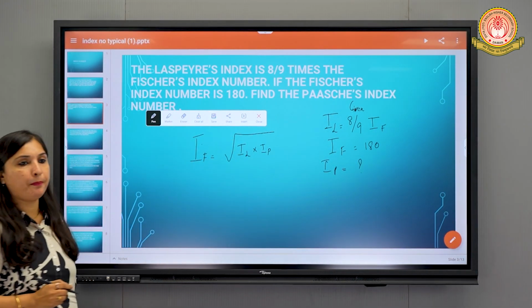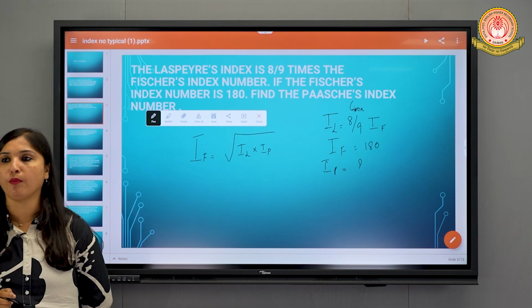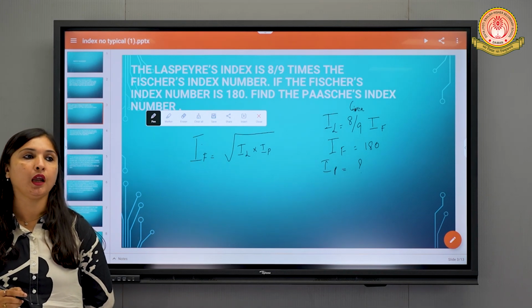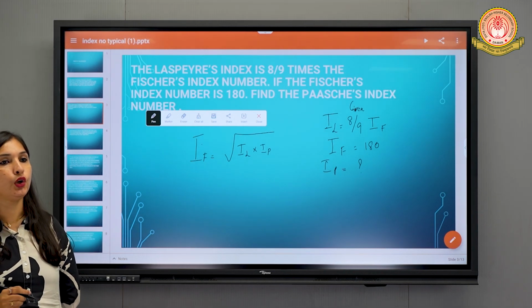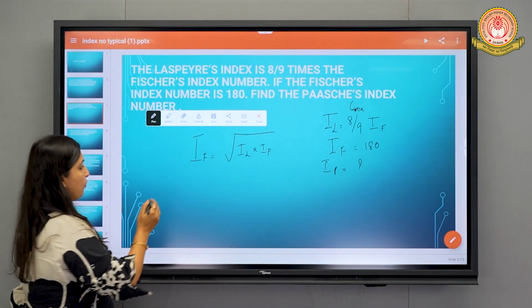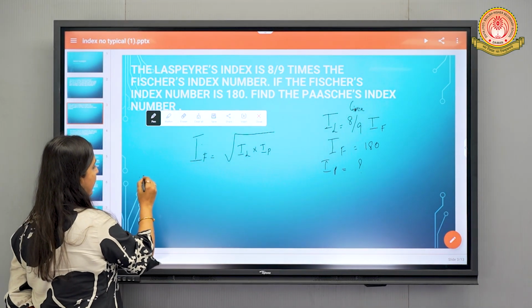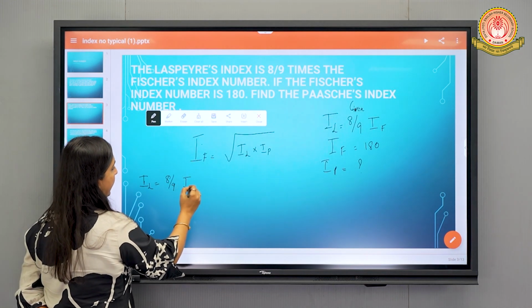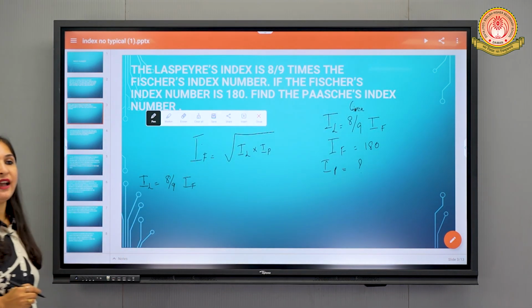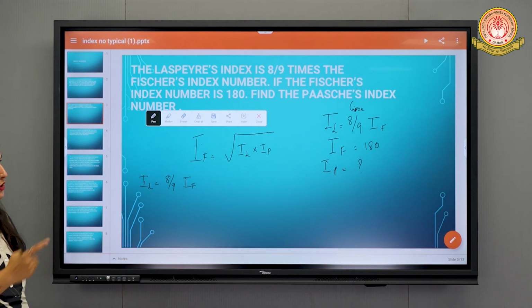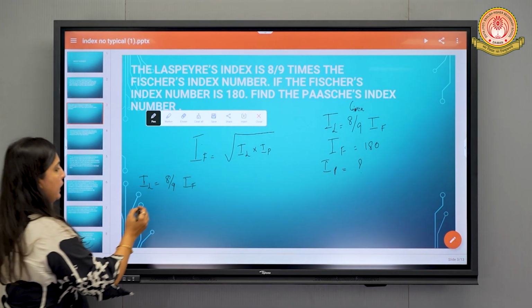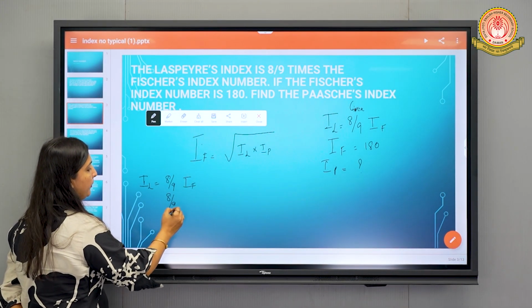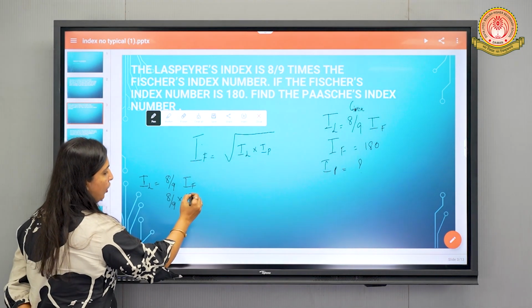Looking at the given part, we can clearly assume that the formula to be applied here will be under root of IL into IP. So IL is equal to 8 by 9 IF. The value of IF is also given in the question, 180. So 8 by 9 will be multiplied by 180.